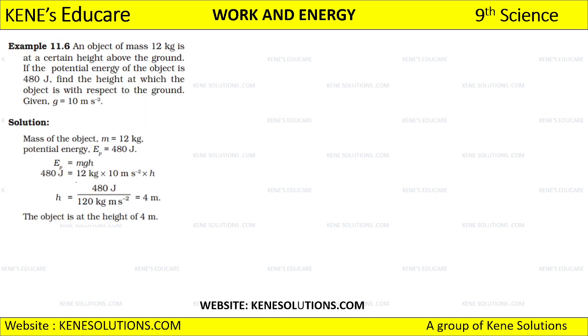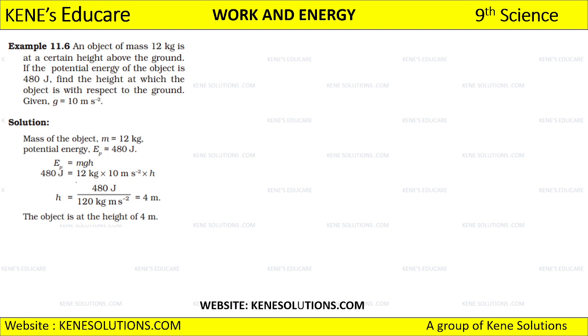Then after this we have one more example. See, an object of mass 12 is at a certain height above the ground. If the potential energy of the object is 480 joule, find the height at which the object is with respect to the ground, and given acceleration due to gravity is 10 meter per second square.